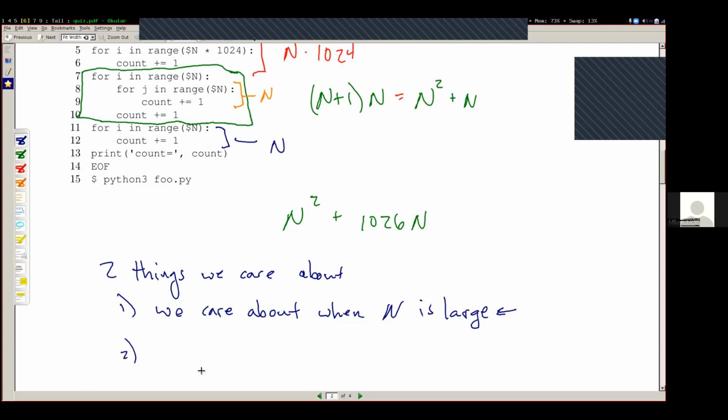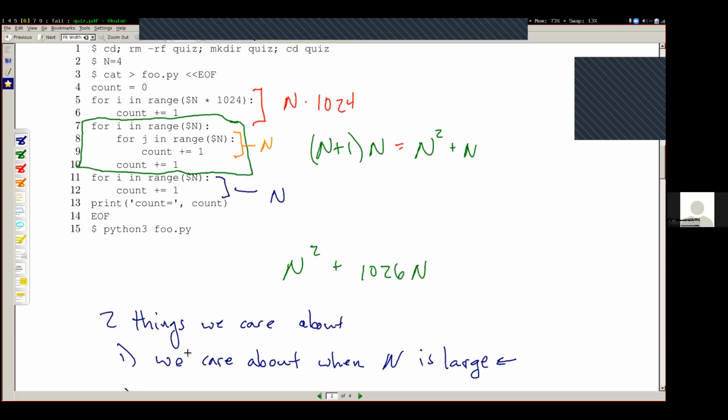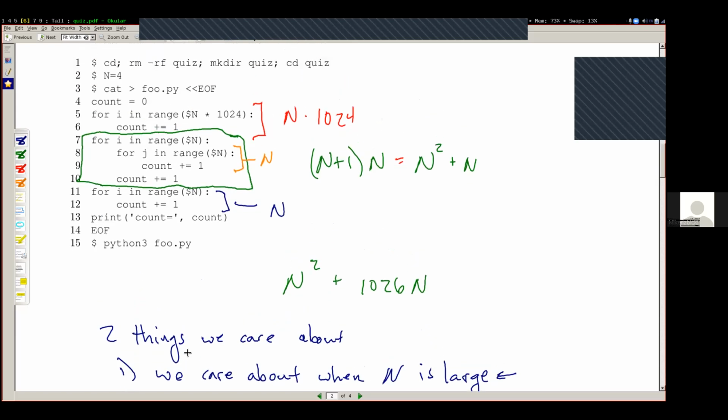And the second thing that we care about is, predicting if a program is going to take 10 minutes or an hour, that's useful. But if we have to run some program no matter what, we don't necessarily care in advance exactly how long it's going to take. Instead, what we care about is which program is going to be faster.